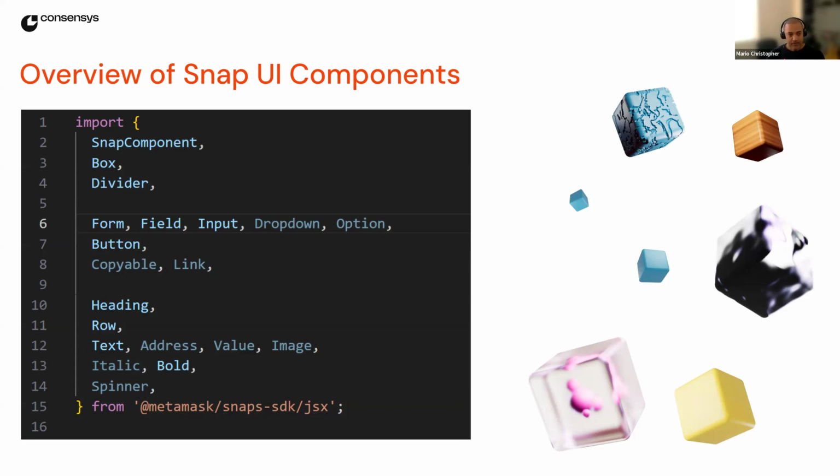The first thing that you see in this code window is the library that we are importing all of these components from. It is MetaMask, Snaps SDK, and JSX. So we've improved all the existing controls into JSX, meaning if you are a React developer or you're familiar with the JSX syntax, then this should be really easy for you because all the components are now being made available in a JSX format.